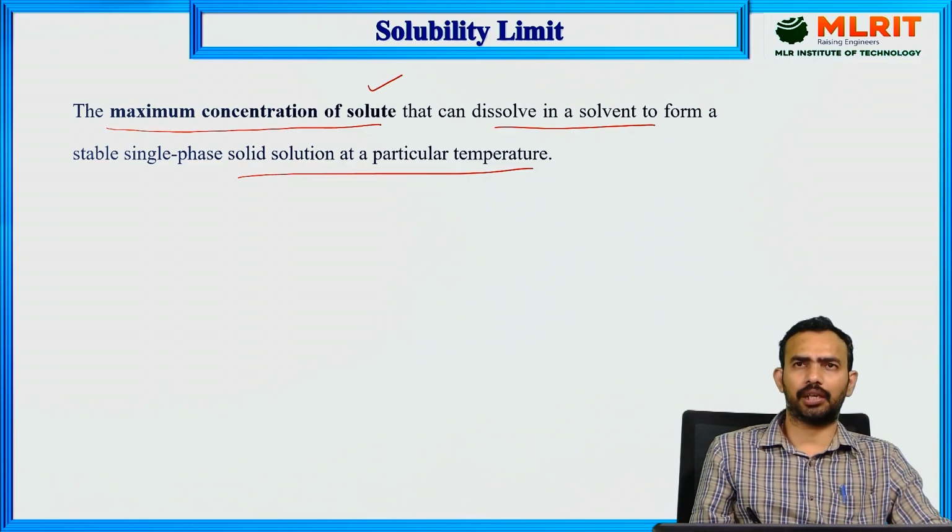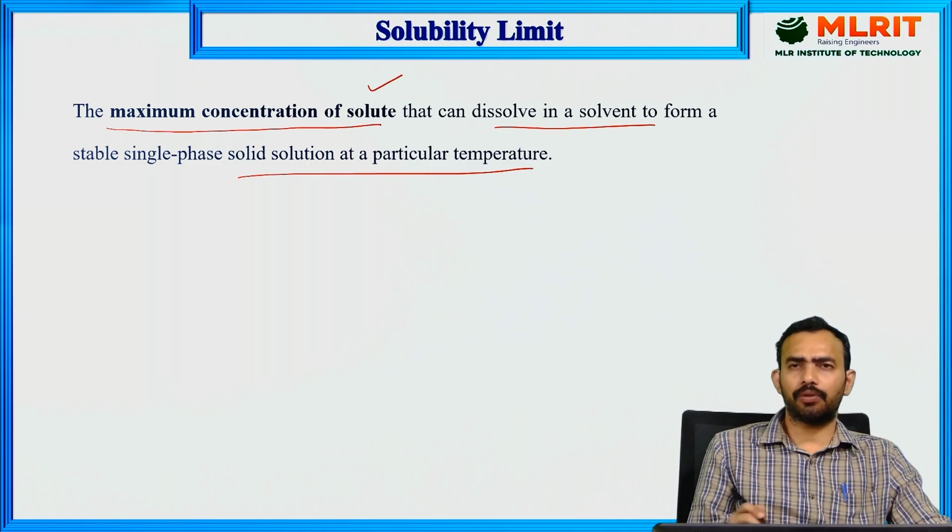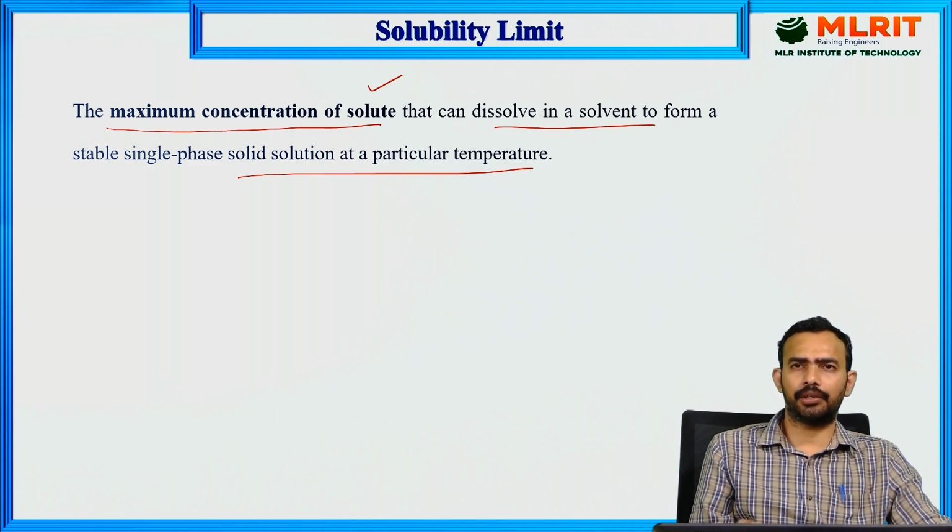If we take the case of milk and water, however much water you add to the milk, it will dissolve completely. Similarly, alcohol in water or water in alcohol, vice versa. They are also found to have unlimited solubility. That is liquid solubility, but here we are talking about solid solubility.